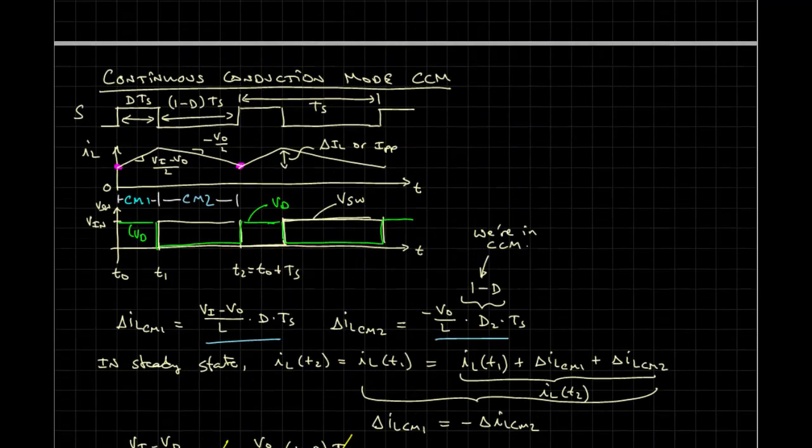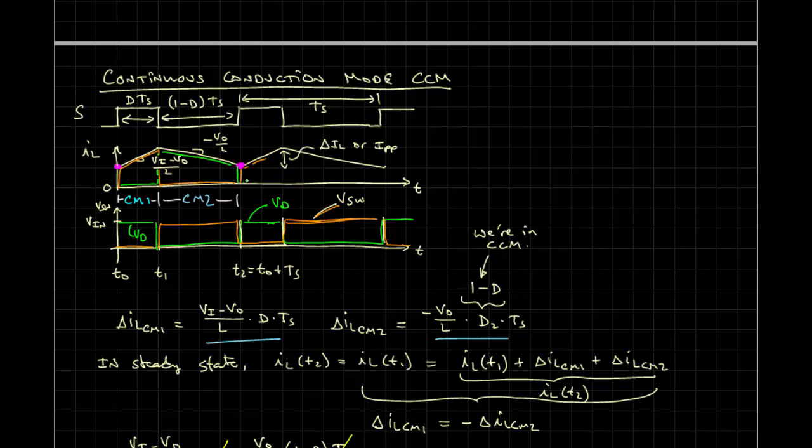I didn't draw the current here for the switch, but here's the switch voltage. So the switch current would look like this. And the diode current is going to look like, it'll be 0, and it'll jump up, and it'll fall.